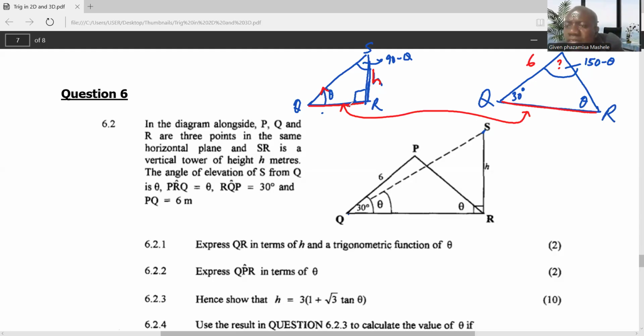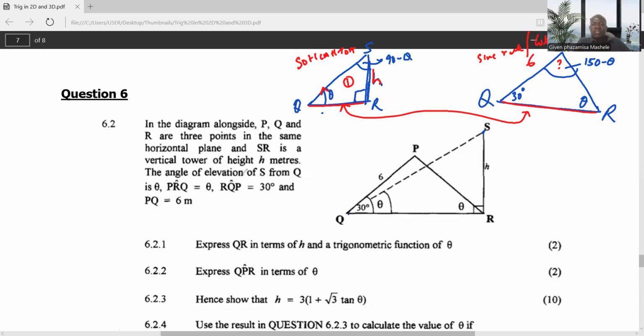Let's check PQ and SR. Okay, fine. We don't have any common ones. But this one is a right angle triangle. The first one means you have to use SOHCAHTOA. The second one we'll have to use a sine rule or cosine rule, because we do not have a right angle triangle. Now, I believe you can follow.